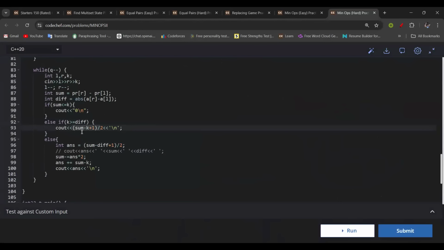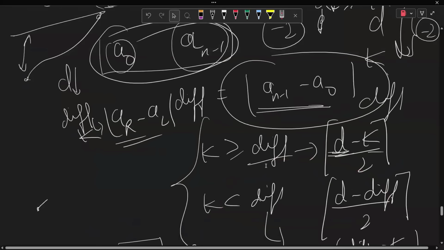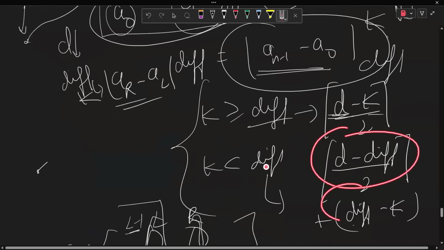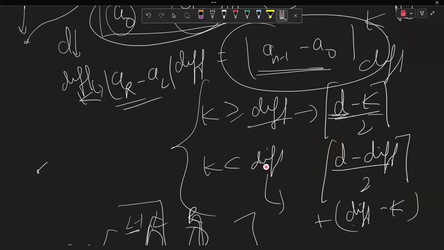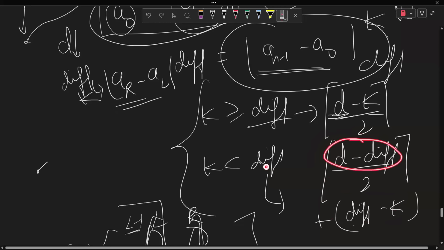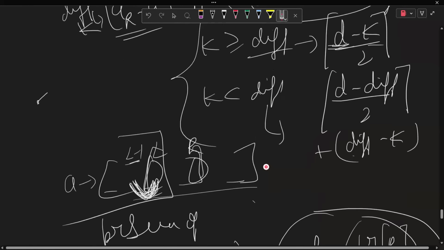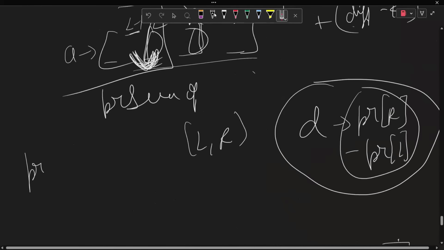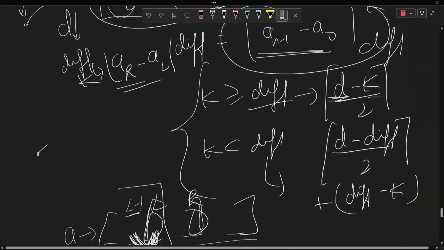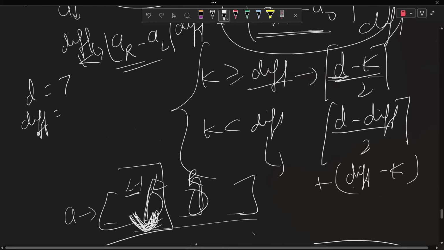Otherwise, for this case, my answer would be this thing plus this thing. Here also there is one small case that we may consider: when this D minus difference becomes odd, then your difference would reduce by 2. Let's say your D is 7, your difference is 4 and your K is 2.